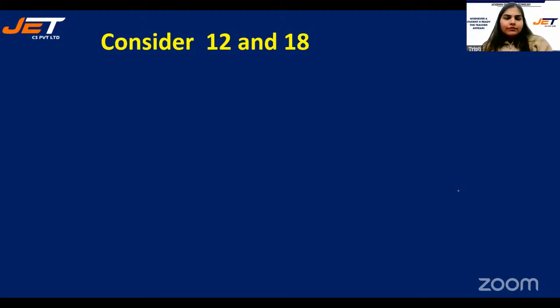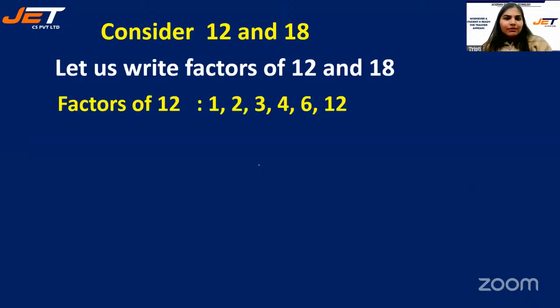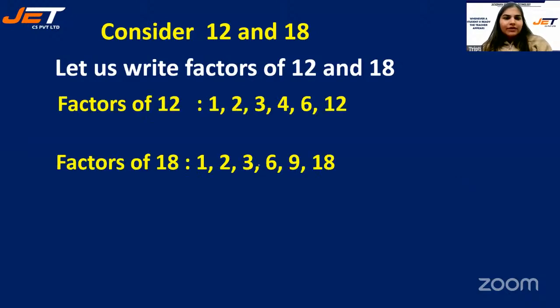So factors of 12 and 18. Factors of 12 are 1, 2, 3, 4, 6, 12. Factors of 18 are 1, 2, 3, 6, 9, 18. Now common factors are 1, 2, 3, 6.